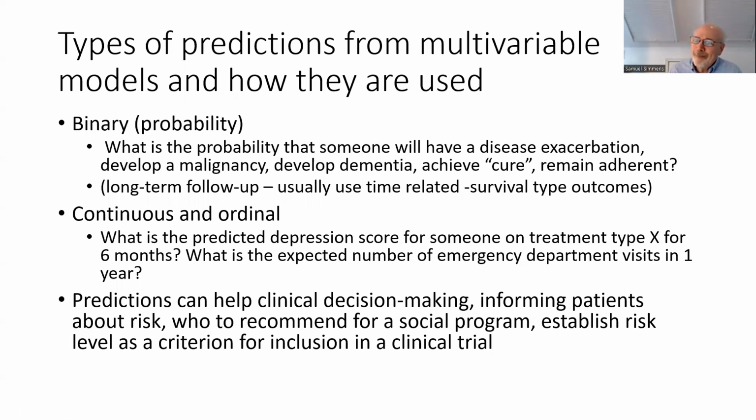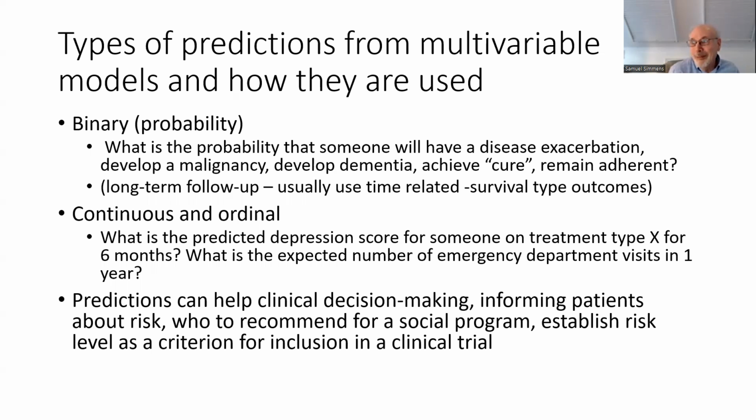So usually most prediction models used in public health and medicine tend to focus on a binary outcome measure. In that sense, they're risk prediction models, estimating the probability that a patient will have a particular event at some point in time. It could be a negative event: disease exacerbation, developing a malignancy, developing dementia.